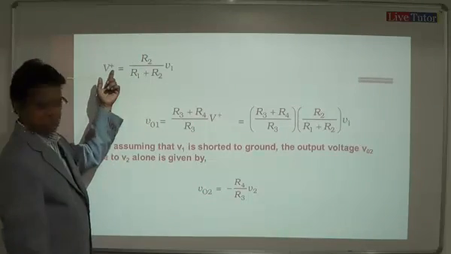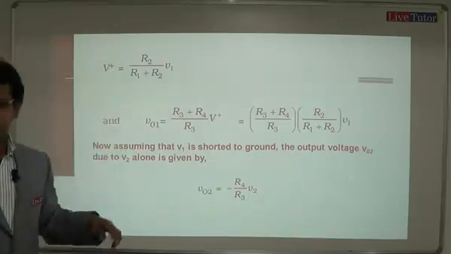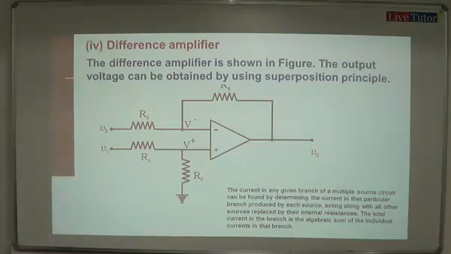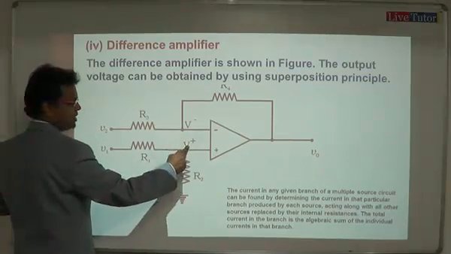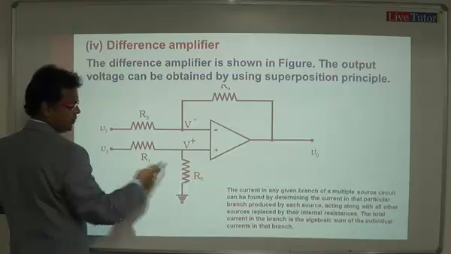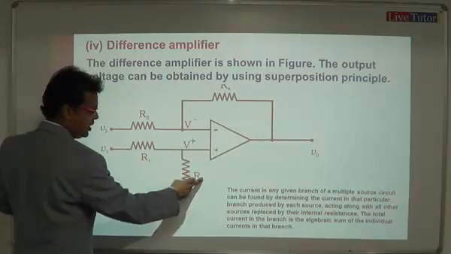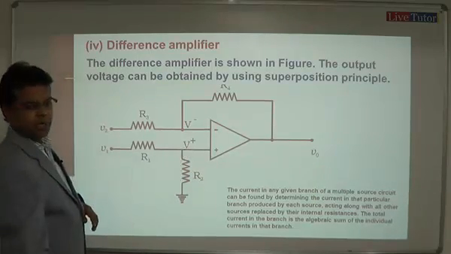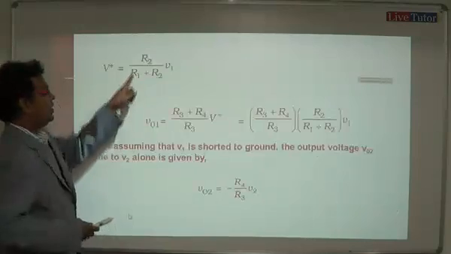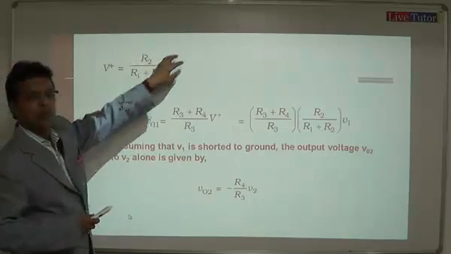Okay, V plus எங்க இருக்கு? This is V plus and this is V minus. இங்க பாத்துக்கோங்க. So this V plus is combination of these two, R1 and R2. இந்த ரெண்டு ரெசிஸ்டரை யூஸ் பண்ணி we are going to find out the voltage at this point. Okay, so அதை எப்படி எழுதுறோம்? R2 by R1 plus R2 into V1.